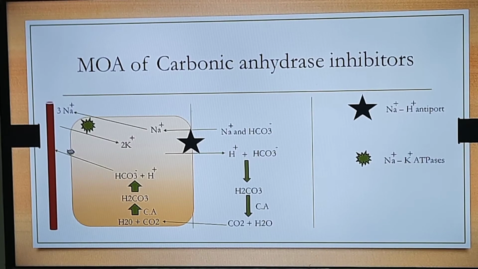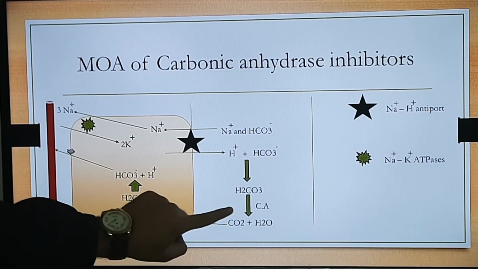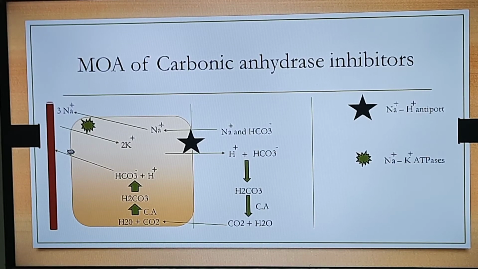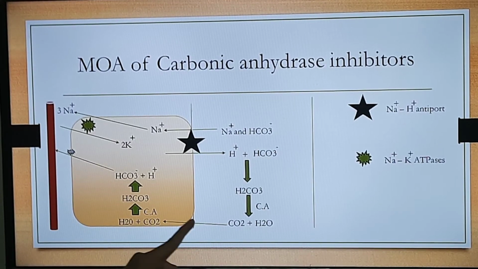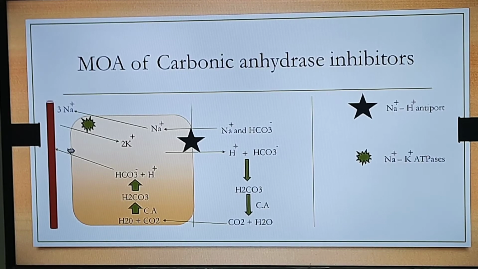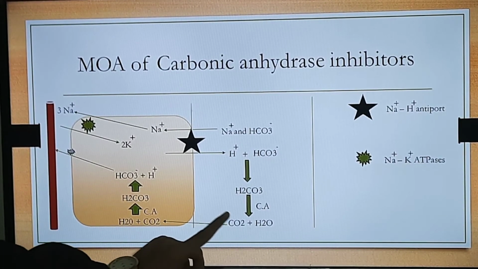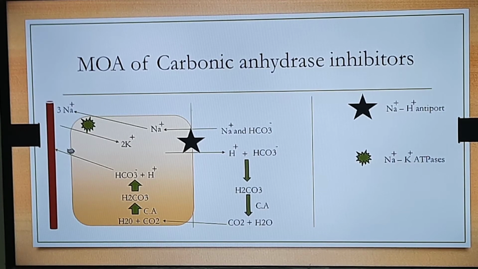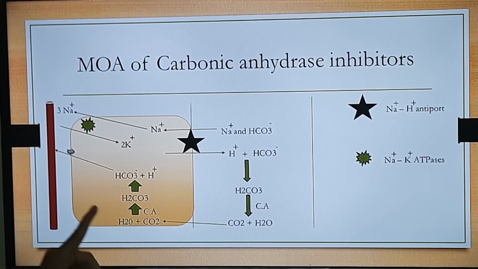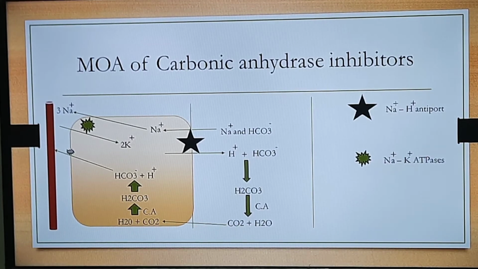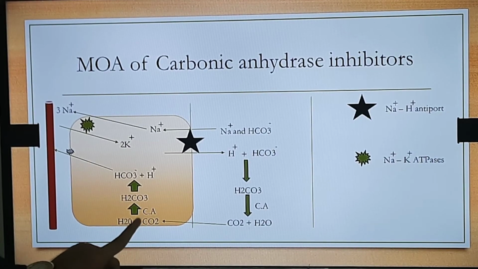The answer is no. Why? Because ये जो carbonic anhydrase की activity है ये हमने block कर दी. So there will be no production of CO2 and H2O. If there is no production of CO2 and H2O, ये CO2 and H2O in normal condition सेल के अंदर जाते थे. Now, as the production of CO2 and H2O नहीं हो पा रहा है, the CO2 and H2O will not be able to enter into our cell.